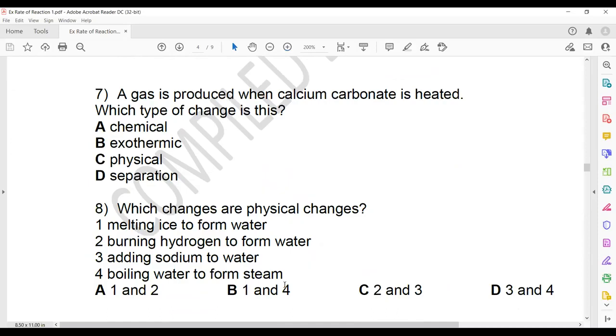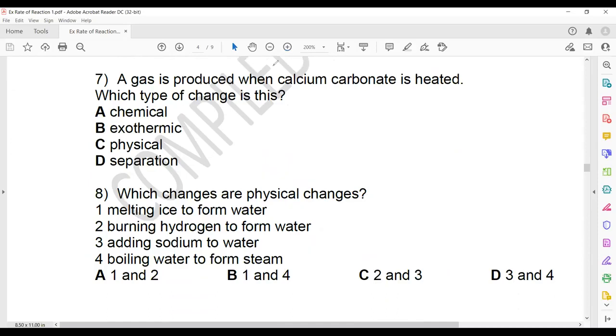A gas is produced when calcium carbonate is heated. Calcium carbonate is solid. When we supply heat energy, it produces a gas. It chemically changes. What do we call this change? When calcium carbonate is heated, it produces calcium oxide plus carbon dioxide.